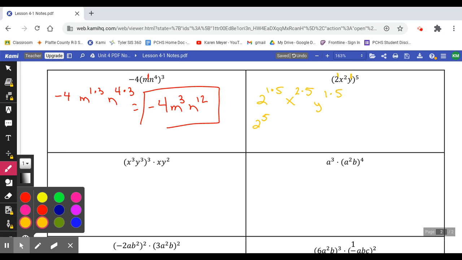So now on your calculator, take 2 raised to the 5th power. Or you could do 2 times 2 times 2 times 2 times 2, 5 times. And that will give you 32.